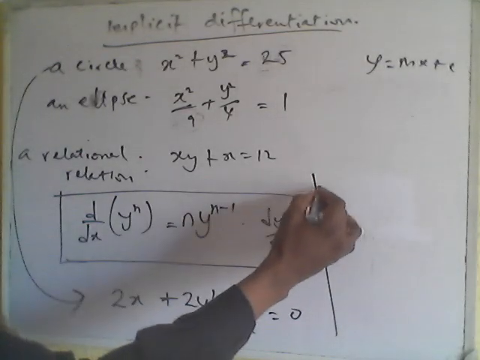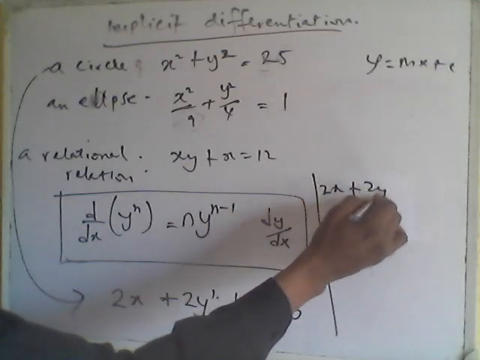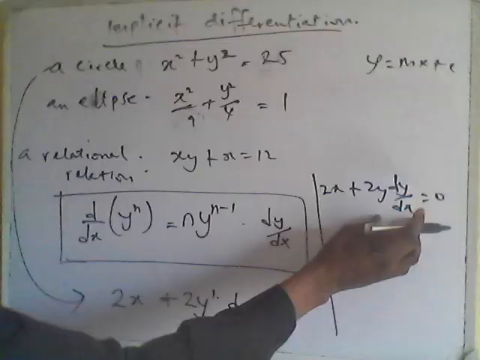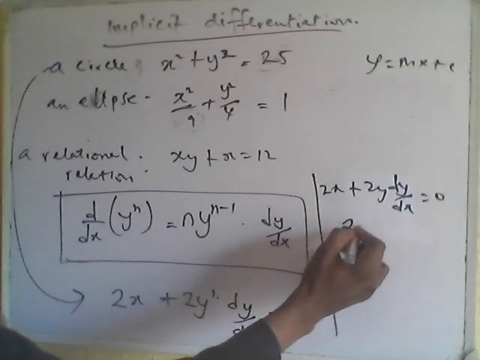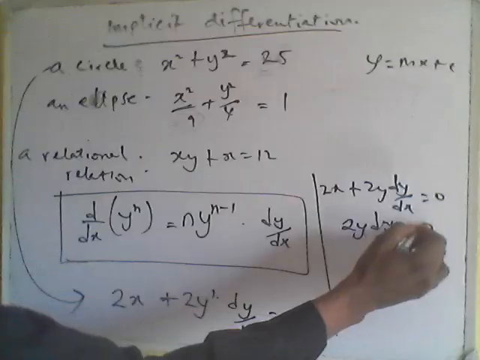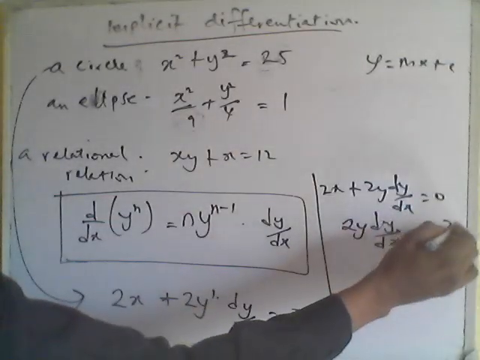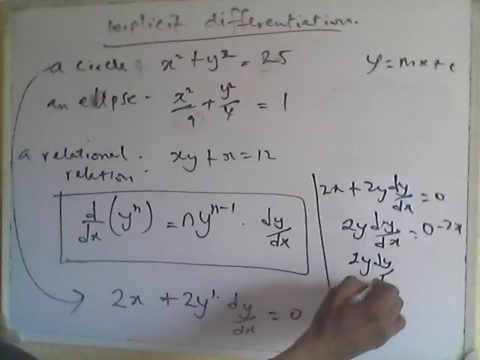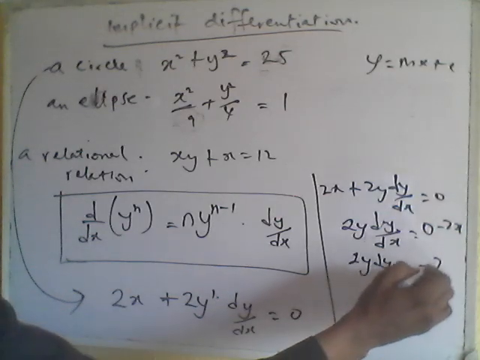So I have 2x plus 2y dy/dx equals 0. So 2y dy/dx stays on one side: 2y dy/dx equals minus 2x.